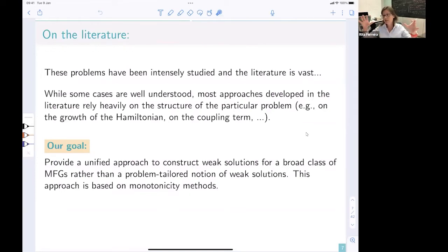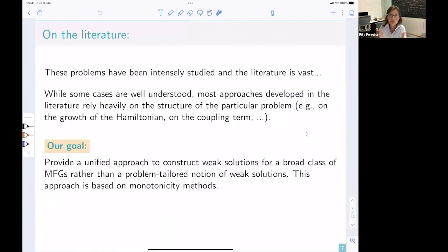So we have, say, this mean field game, and people developed methods and arguments to study it and derive very important and strong results for that mean field game. But these techniques, because they are very attached to the kind of problem they have at hand, don't translate necessarily to other problems.